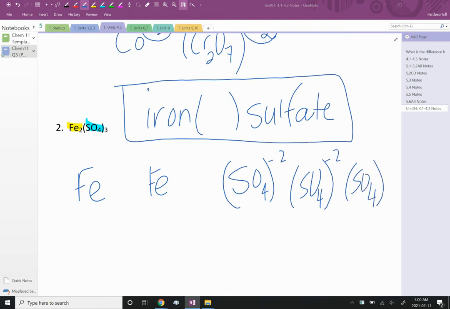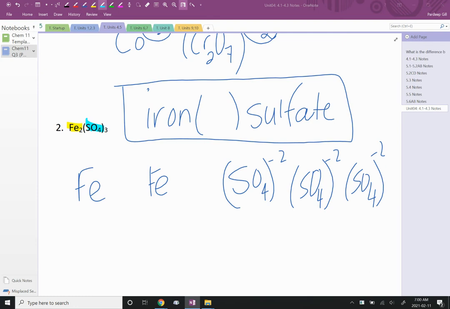So some of you guys don't need to do this probably because you already know how to put these formulas together. But the reason why I am expanding them out is so you can see where all the numbers come from. Okay, it's not a simple crisscross the charge thing, which is how some of you are taught to name compounds. You crisscross the charges, but I like to show you where the numbers are coming from, what ion, what charge coming from.